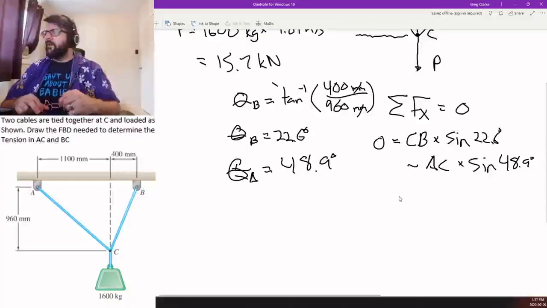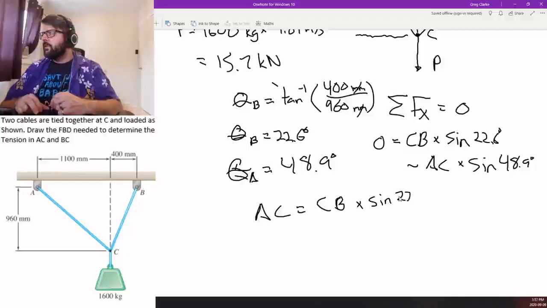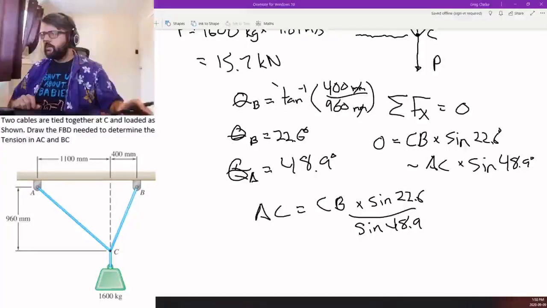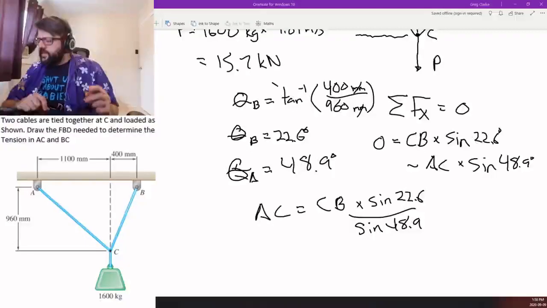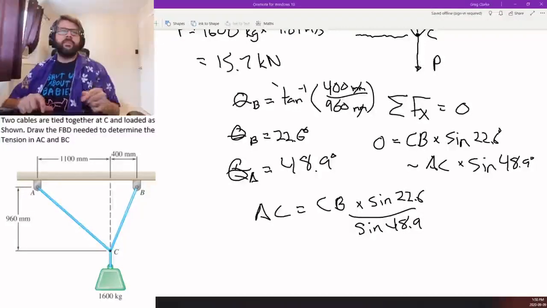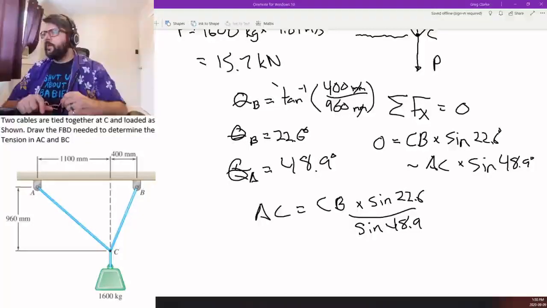So we can rearrange that and essentially solve for CB and AC in terms of one another. The simplest way to do that, let's just add AC to the other side here, and then divide by that sine there. CB times sine 22.6 divided by sine 48.9. So that works out to AC being just over half of CB.